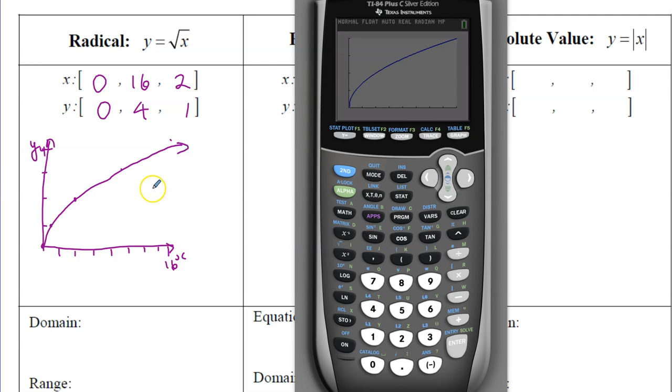Okay, so that is graph of a radical. Domain, set of all x. X belongs, nope. Set of all x, oh no. No, there is a restriction here.